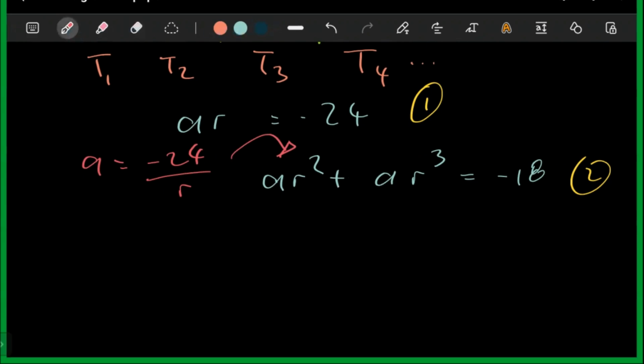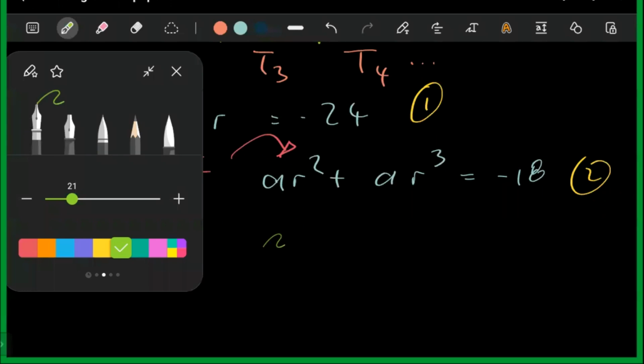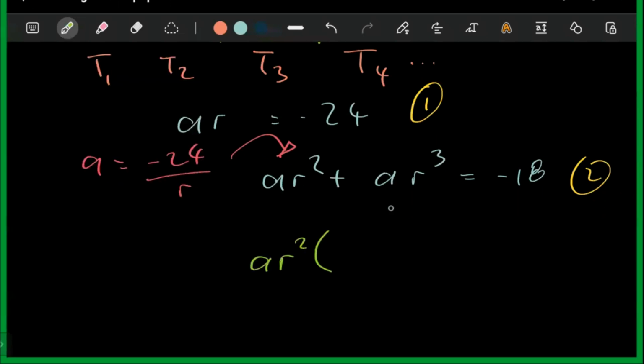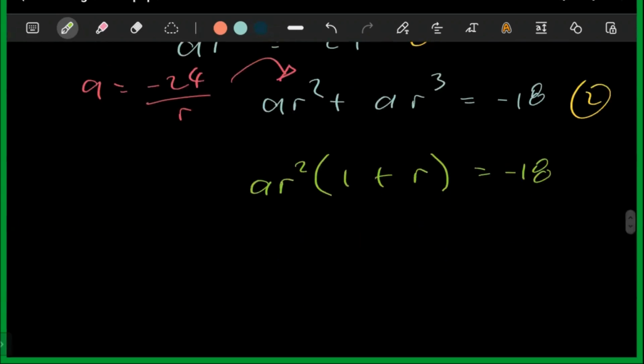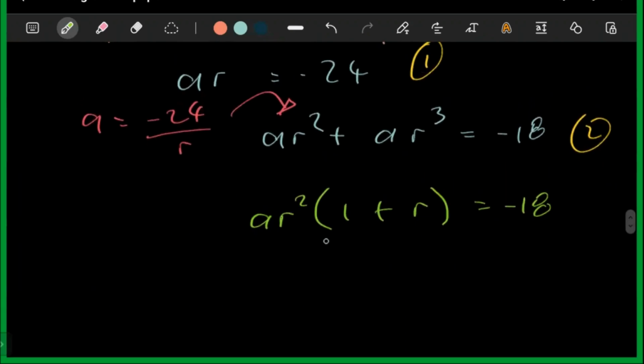We can take out a common factor here. ar squared is a common factor. You have here 1 plus r is equal to -18. So since we're solving for r, we cannot isolate r the way it is.